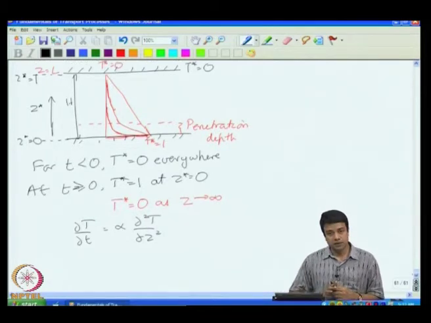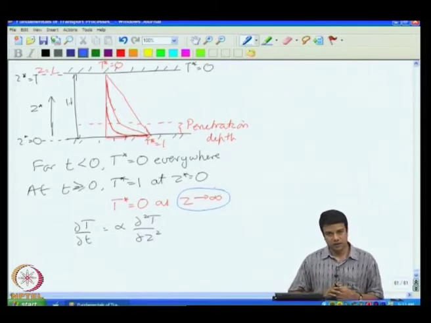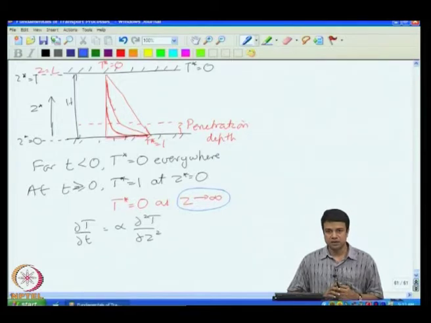However, now I am considering a situation where the distance to the top plate is large compared to the penetration depth within the flow. So, I am effectively enforcing boundary conditions in the limit as z goes to infinity. If the penetration depth is small compared to the height, it does not matter what the height is. It can be h, it can be 2h, as long as the penetration depth is small.